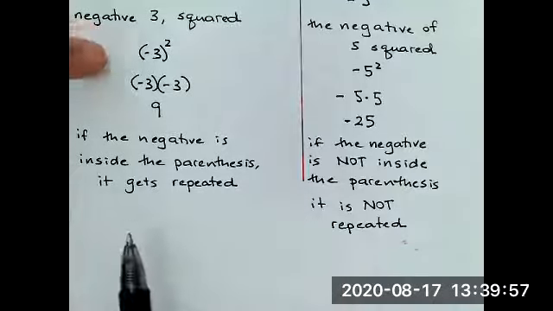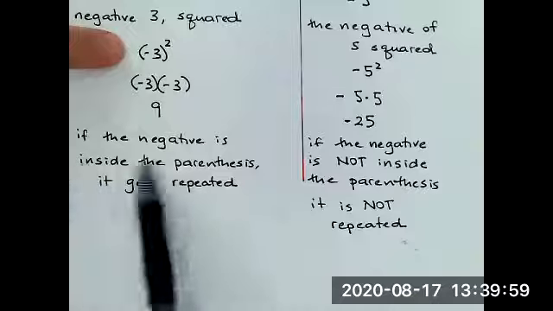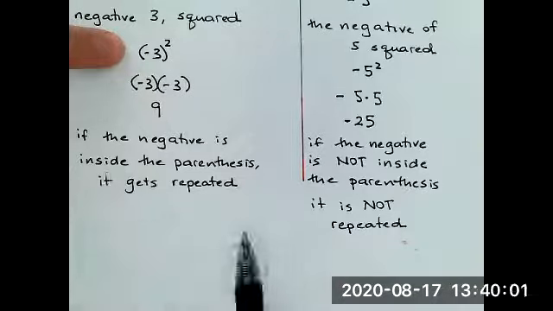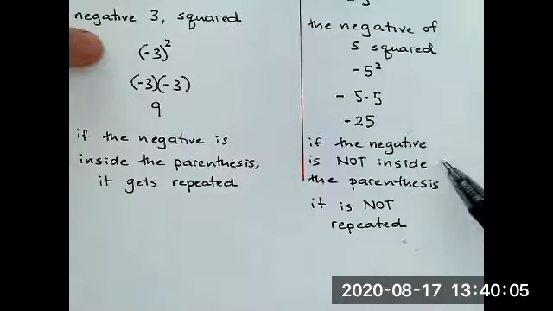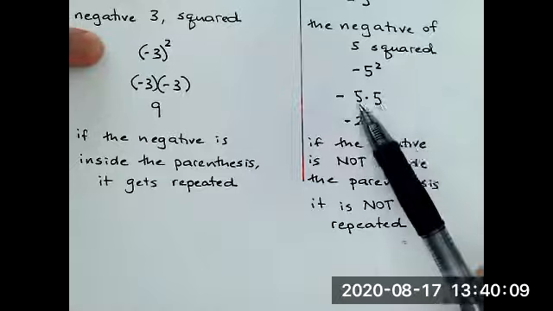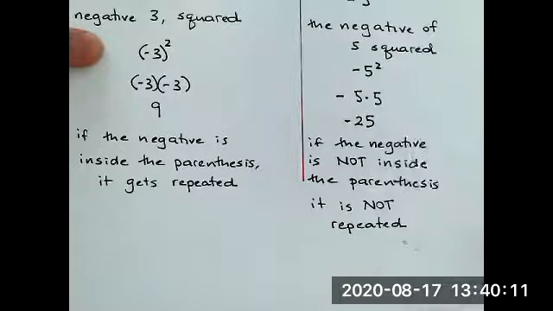So this is the part you need to memorize. If the negative is inside the parentheses, it gets repeated. If the negative is not inside the parentheses, it's not repeated. Only the number is repeated. Let's do a couple of examples.